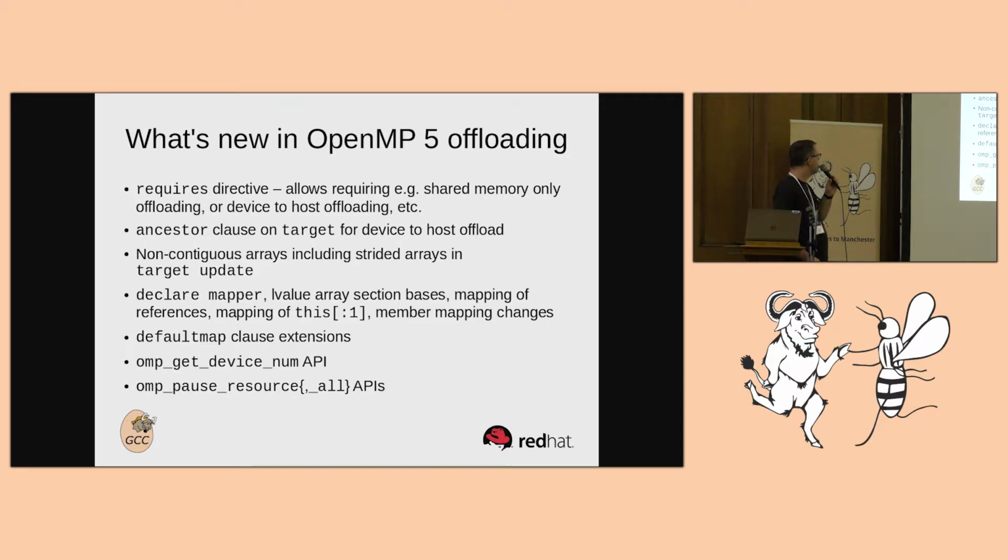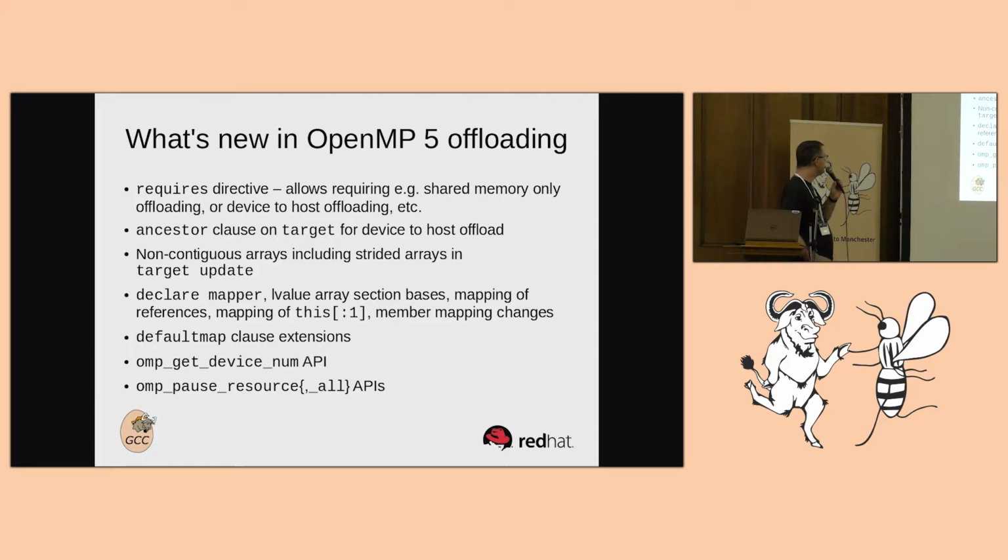There should be a way to offload also from the device back to host if you have some, for instance, printf call and you want to do some offloading back. And it's kind of limited right now. But for the target update where you copy data from the host to the device or back, there should be now support for non-contiguous arrays, because, for instance, for CUDA, you can actually ask for strided copying and stuff like that.